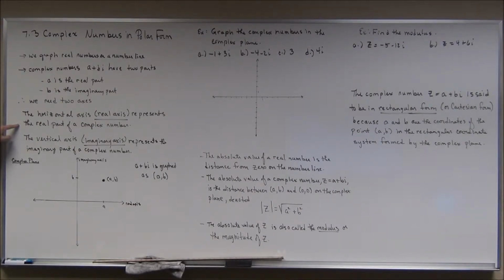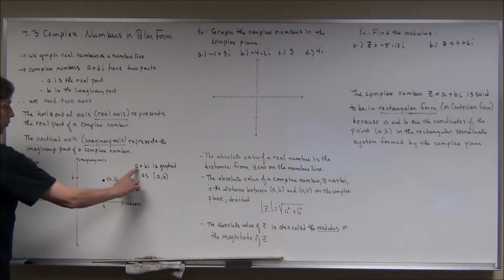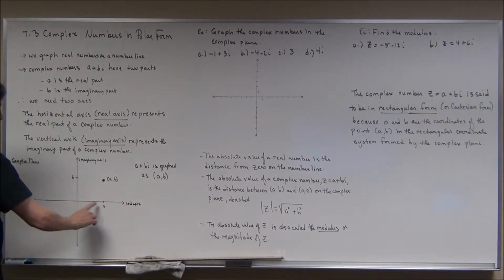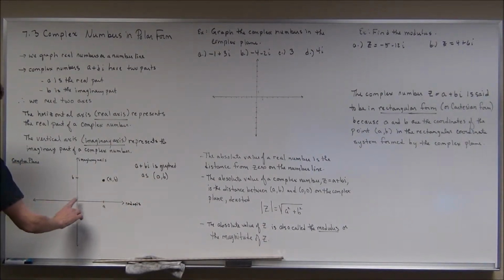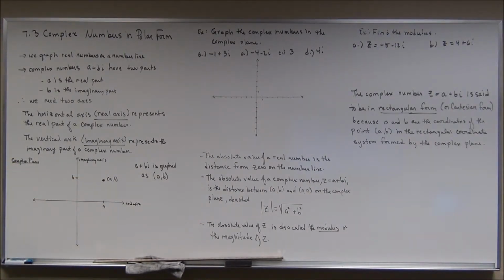Notice here in the graph that I have, we're going to graph a plus bi like the ordered pair (a, b), where a is the real part, b is the imaginary part. a is on the real axis, b is on the imaginary. We go a to the right, we go up b in this case, and we have a graph of what we call the complex number on the complex plane.